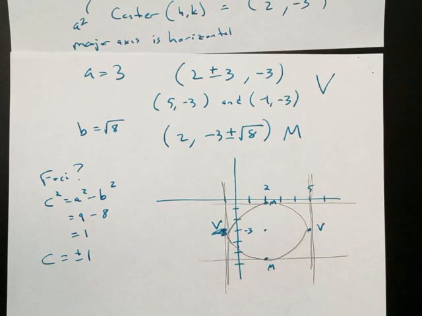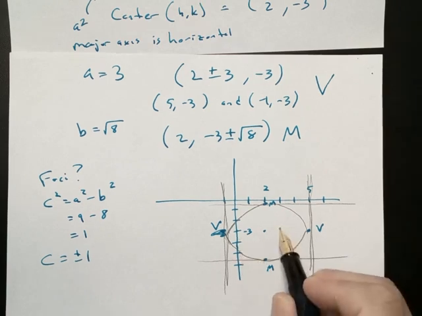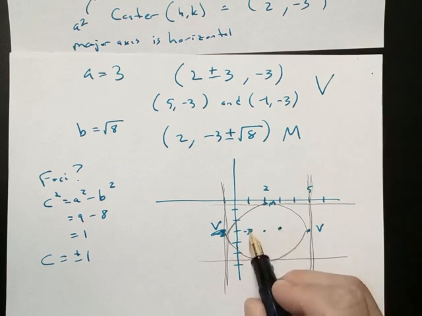Which way? Side to side, because the foci and the vertices are on the same sides. Foci have to be here and here.